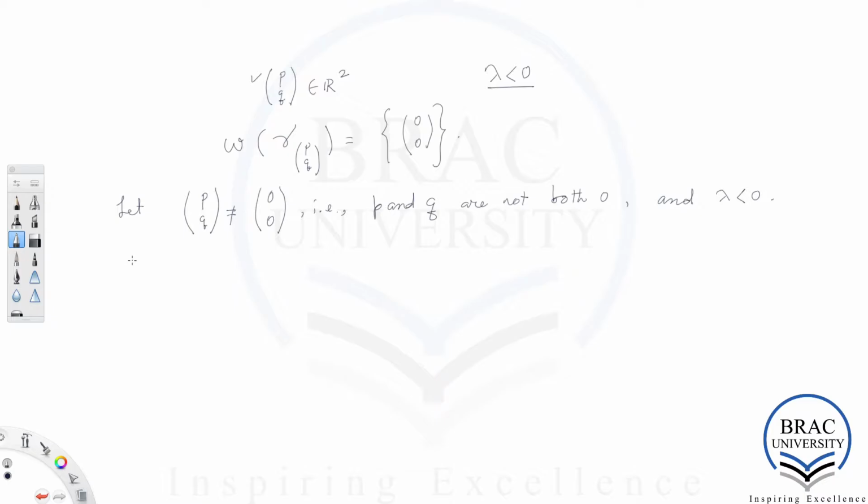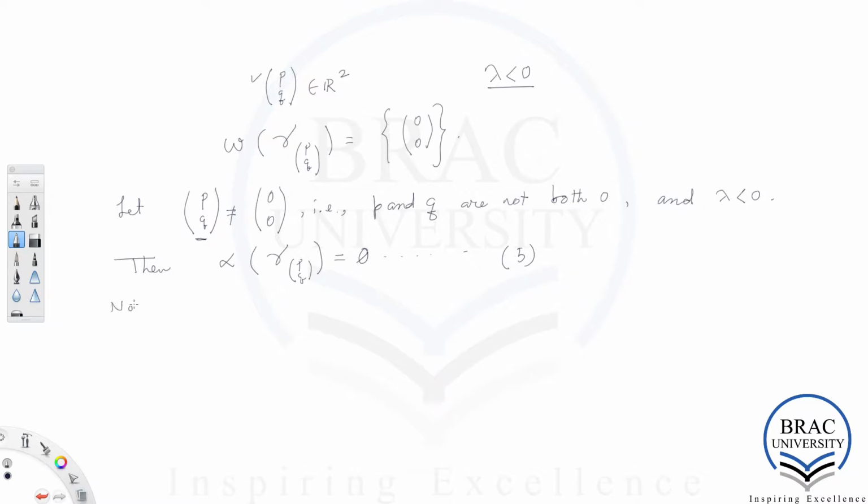Then our claim is that the alpha limit set for the orbit of such a point PQ is empty. This is equation number 5. So equation number 5 is our claim. Let us try to prove this claim.